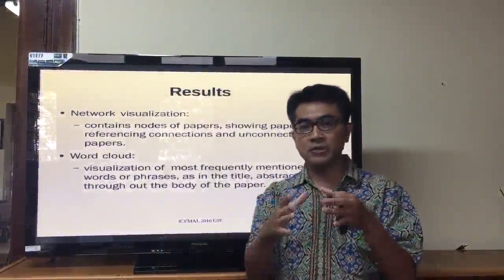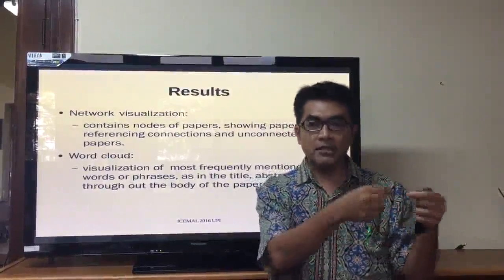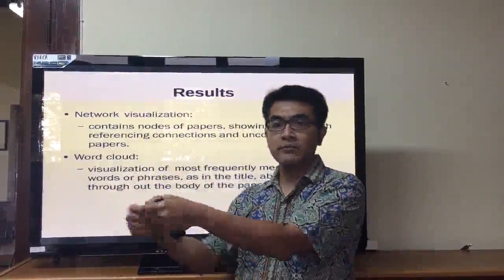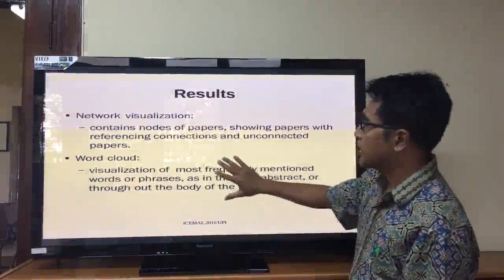Here we try to separate a group of papers that have referencing connection and a group of other papers that don't have referencing connection. And then the second one is word cloud.